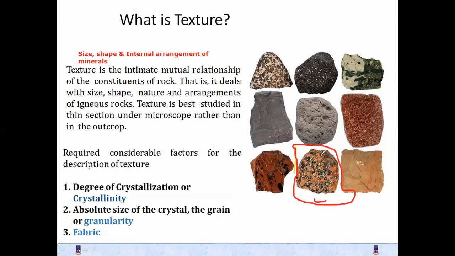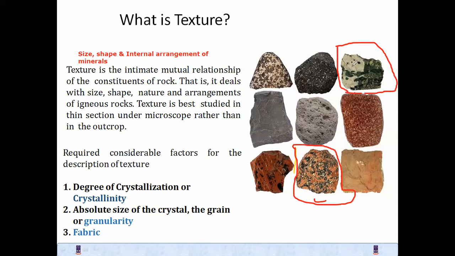So, how can you identify different minerals here? In this rock, some minerals are orange in color, some are black, some are white. Okay. If you take another rock, suppose this top rock, some are dark green, some are faint green, some are black, some are white.